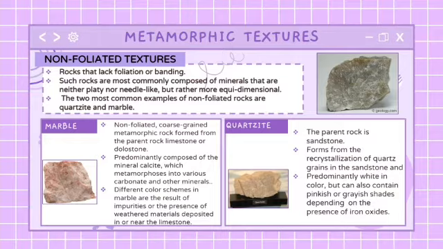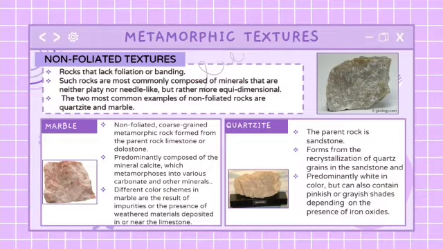Non-foliated metamorphic rocks are typically composed of just one mineral and therefore usually show the effects of metamorphism with recrystallization in which crystals grow together but with no preferred direction. The two most common examples of non-foliated rocks are quartzite and marble.